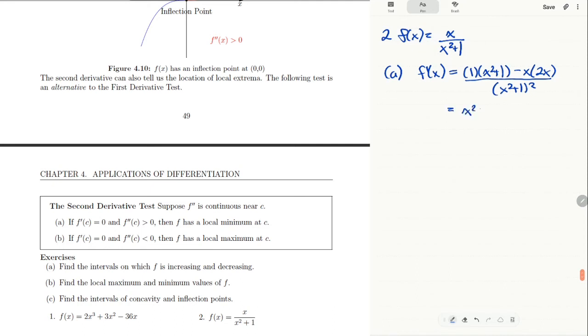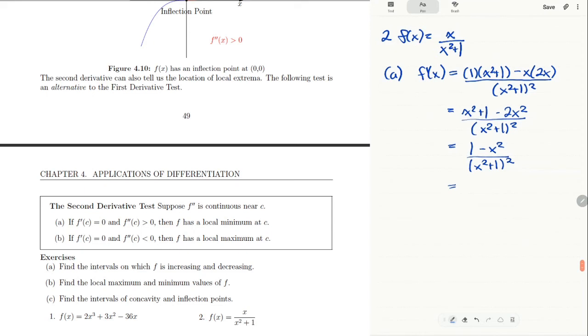So that's x squared plus 1 minus 2x squared all over x squared plus 1 squared. Simplifying, we have 1 minus x squared all over x squared plus 1 squared.